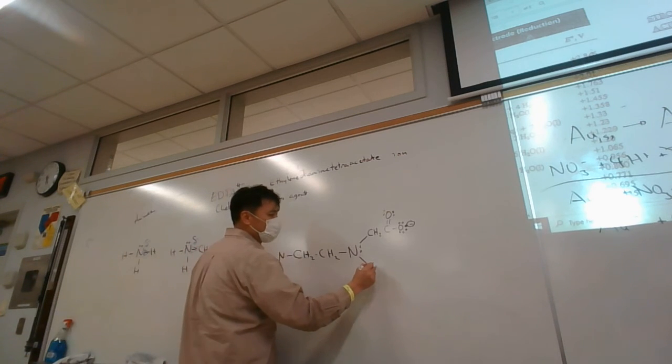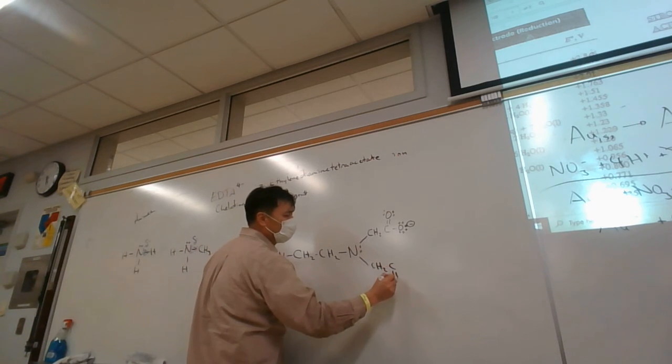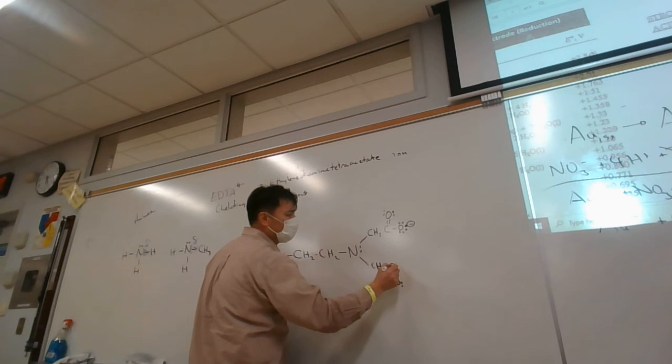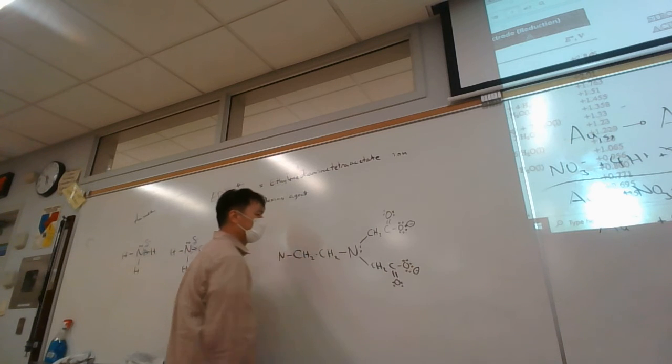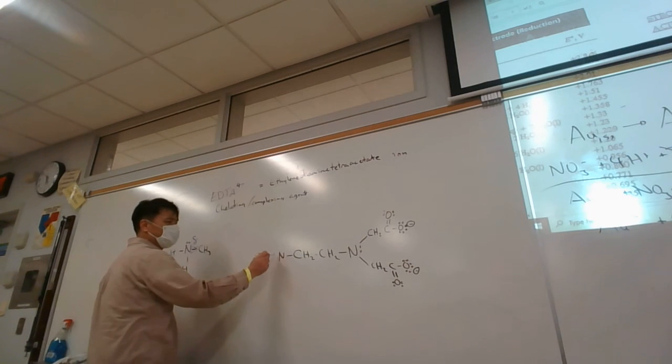And so the same thing goes down here. We're going to have a CH2, C, double bond O, O with a negative charge here. So that's 2 acetate groups.